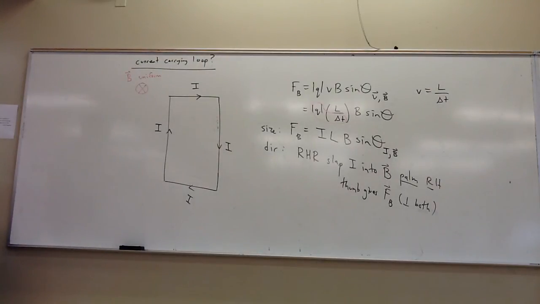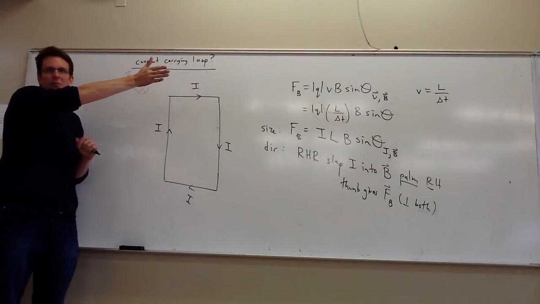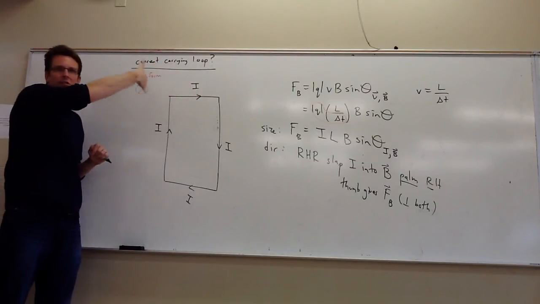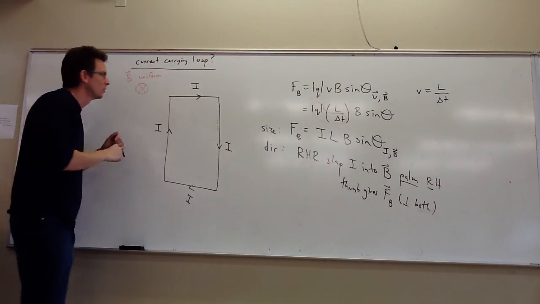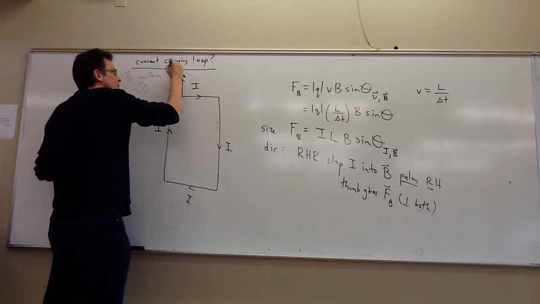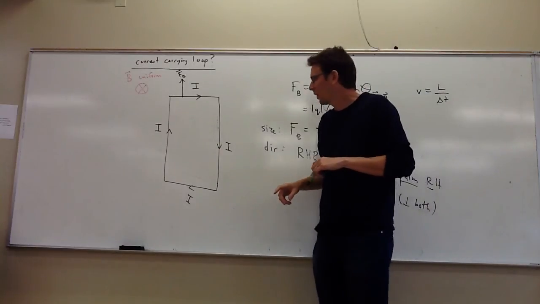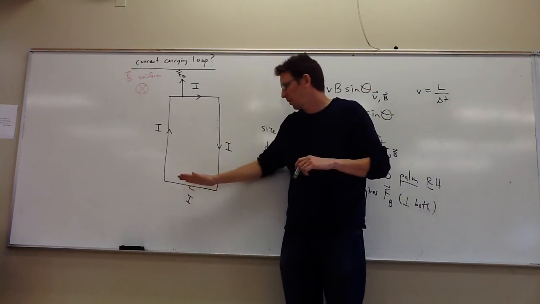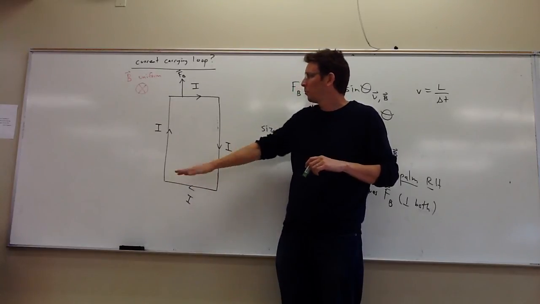So let's start with the top segment. I points to the right. I want to slap it into B. Force is up. So force is like that. I guess let's do the bottom one next. I points to the left. When I orient my palm, B is into the page.